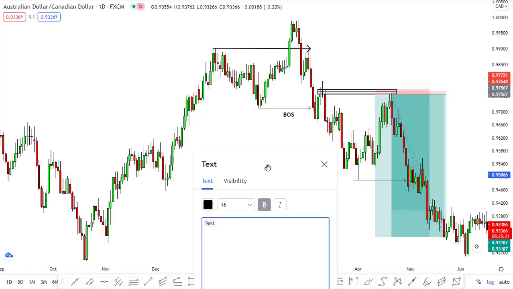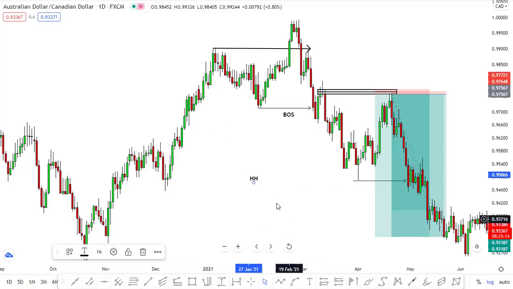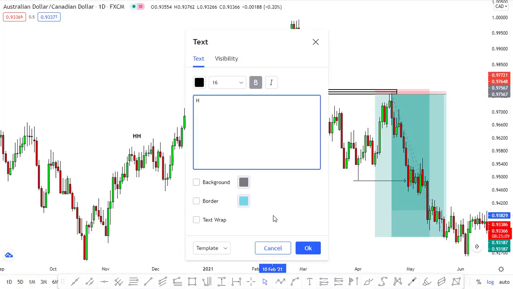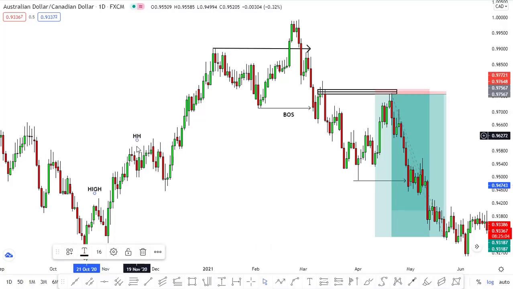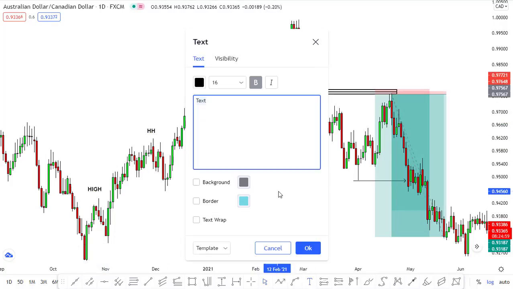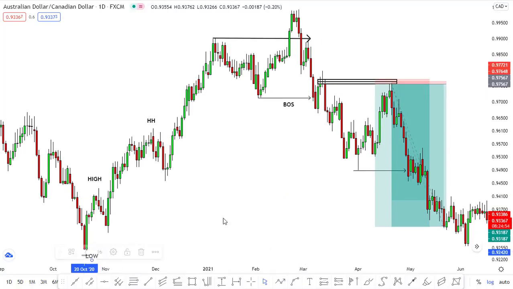You can see that in the beginning, in this trend, we had a high, and there is the first high. All right, this is the high right here, not this one, right here, and we have a low right here.